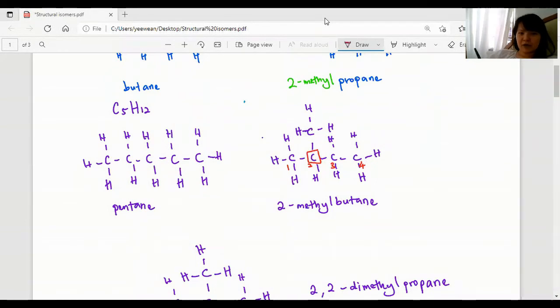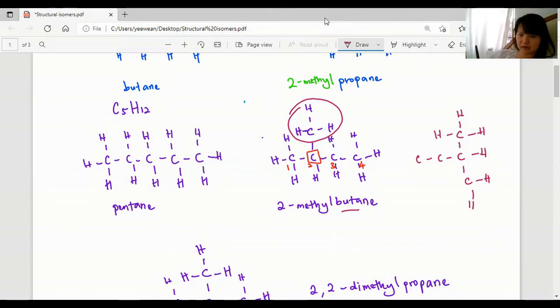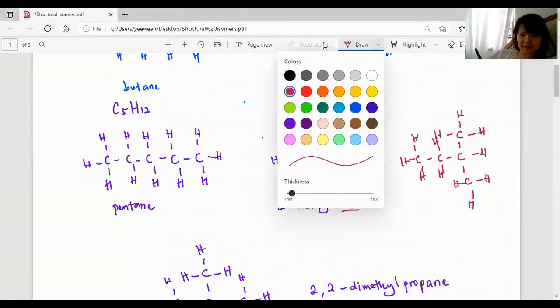When you're trying to draw all the isomers for C5H12, for example, you're drawing the butanes, try and put your carbons at the same position and only change where the substituent goes. For example, if you were to change the carbon position to something like this, you would have tricked yourself and think that this is another isomer, but it's not. Let's see why.